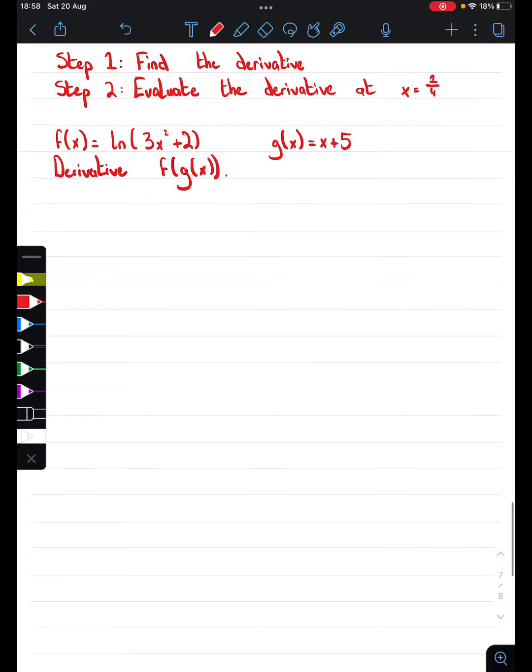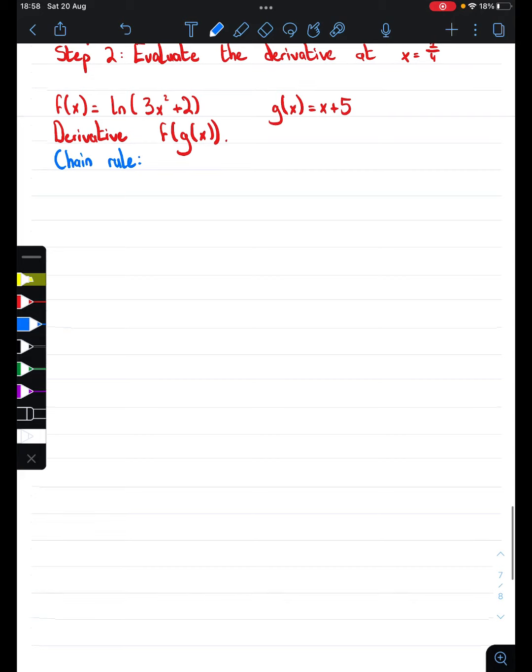Okay, so whenever you're looking for the derivative of a function f of another function g, you should immediately think of the chain rule.